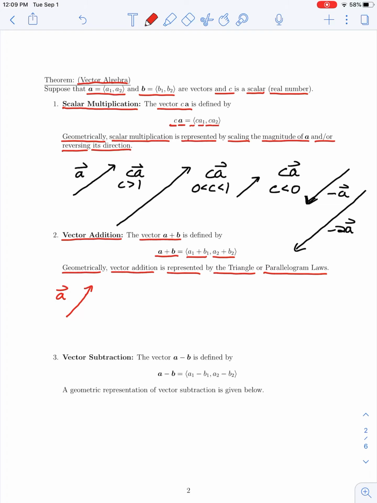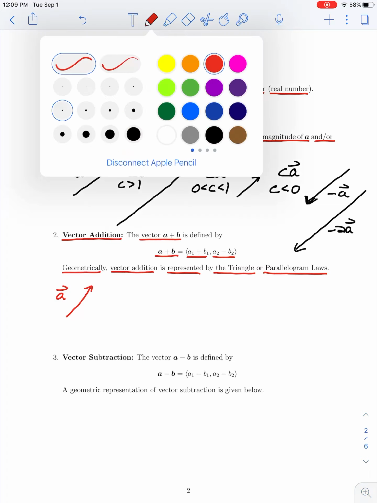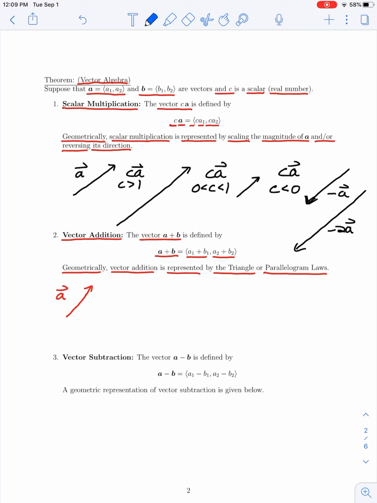So let's say A, and then we have another vector B. So if I want to add A and B, I can think about the representation or the sum of these either using the parallelogram law or the triangle law. So let's look at each one of these.